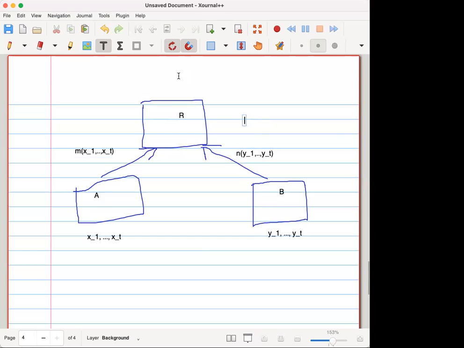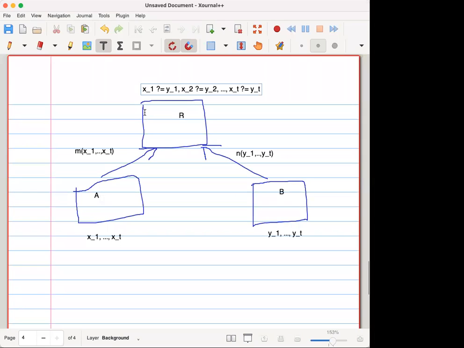And what will the referee output? The referee will output his guess of whether x1 equals y1 and whether x2 equals y2. So let me write this. The aim of the referee is to output whether x1 equals y1, x2 equals y2, and so on, his guess of whether xt equals yt.